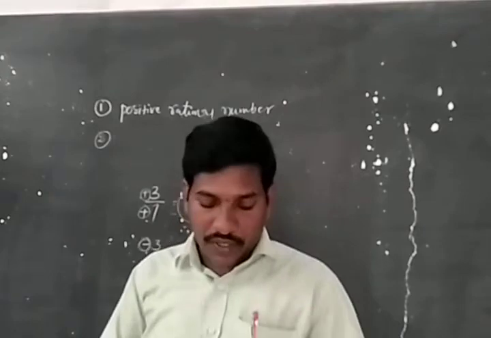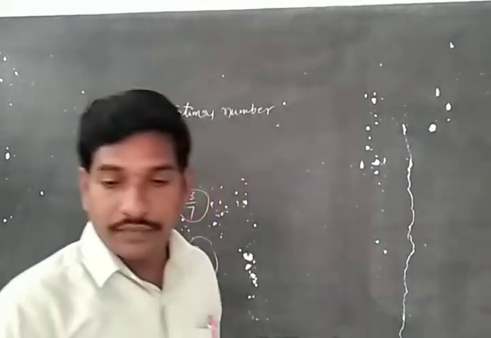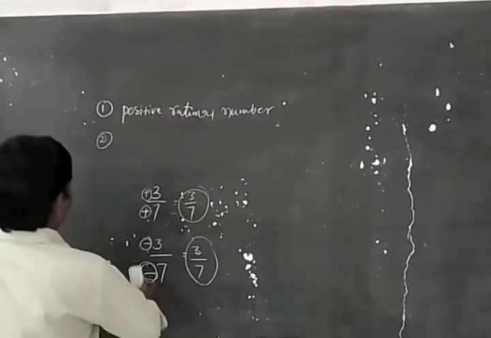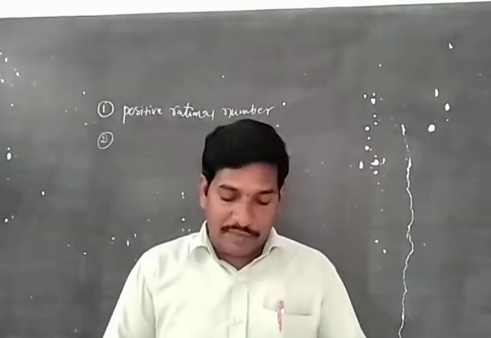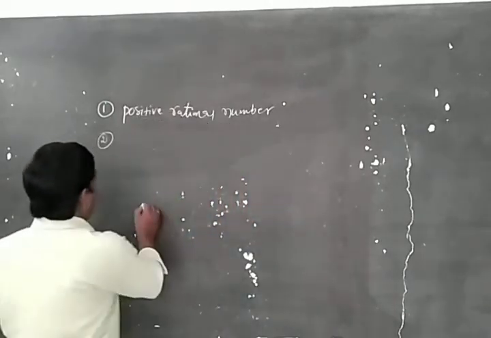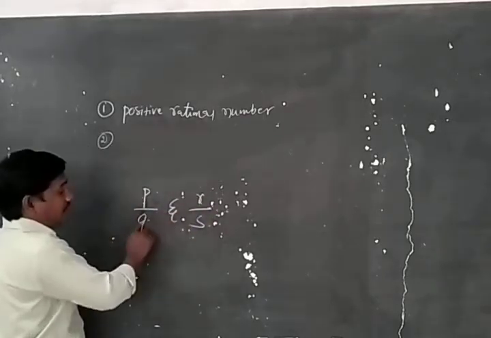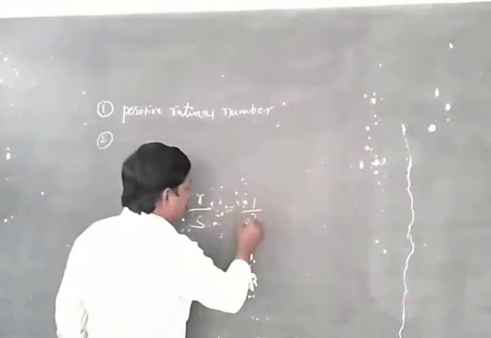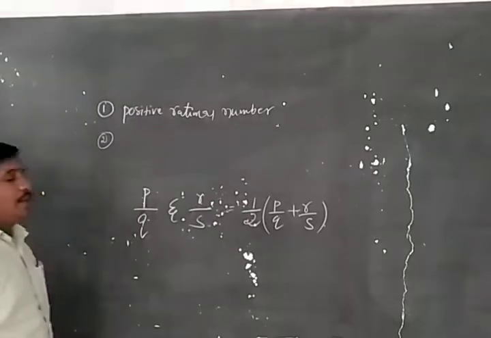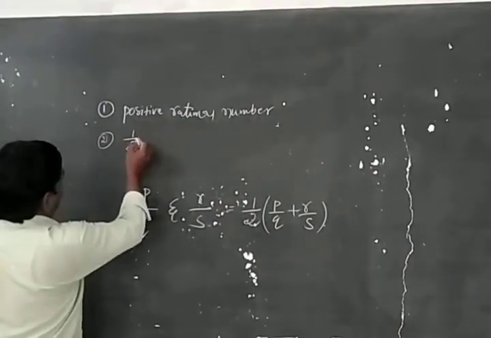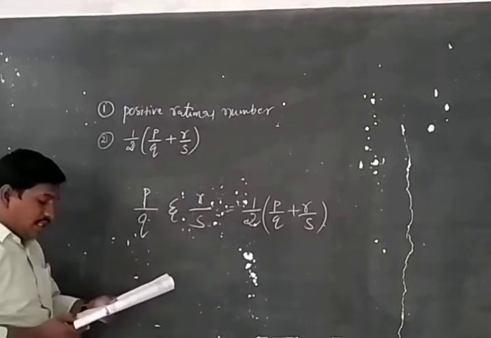Okay, next one. If P by Q and R by S are any two rational numbers, then the rational number between them is 1 by 2 into P by Q plus R by S. So this is the third option.